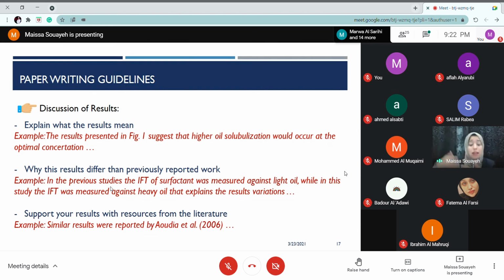It was different from that person who did something similar, and this is due to the variation, due to different types of crude oil or different types of chemicals. Then I continue explaining, and then for one point or maybe one trend, maybe the optimal, similar results were reported by Audia et al. Like this.